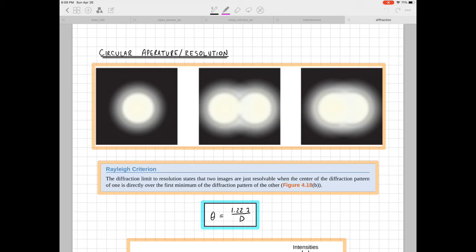The idea here is that if you have two objects closely spaced in physical space, then the diffraction pattern of the light from those objects can overlap. And if the objects are too close to each other, then the light will overlap, and you won't be able to distinguish between one or two distinct objects represented in your image.